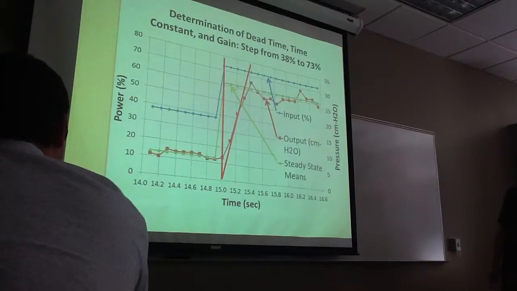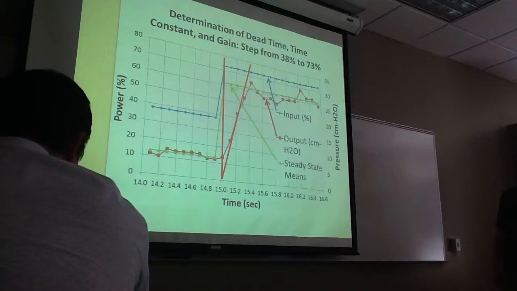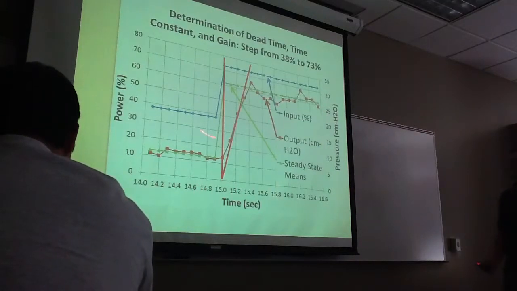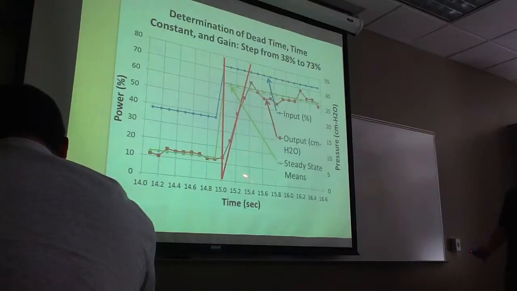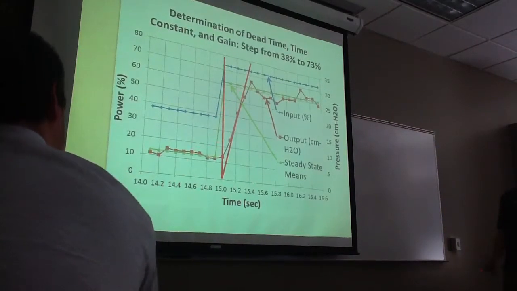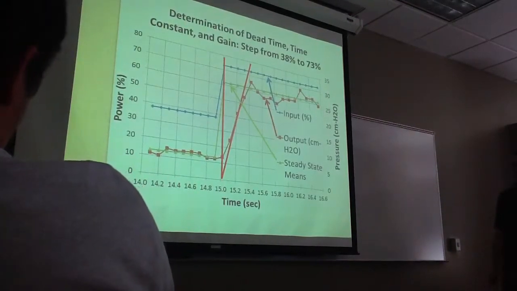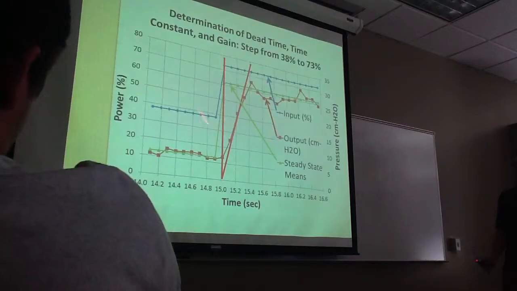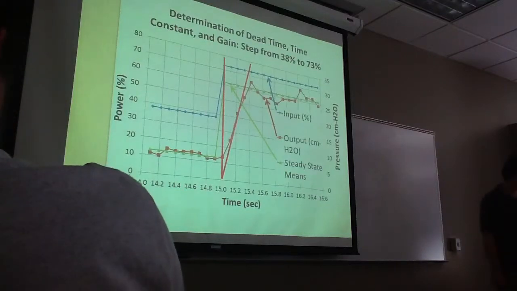The dead time estimated from here to here is about 0.1 seconds, and our tau would be about 63.2% up the slope of the red line. And then our gain is simply the difference in the means over the step size, which in this case was 35%.